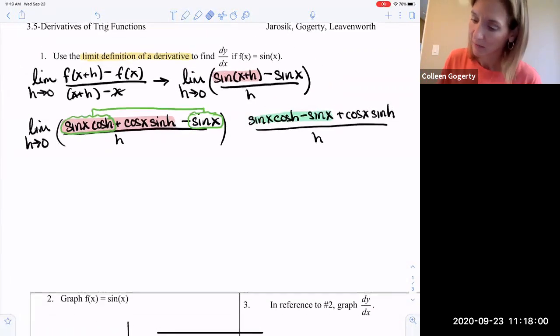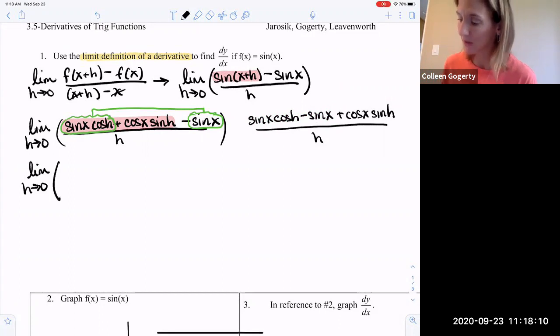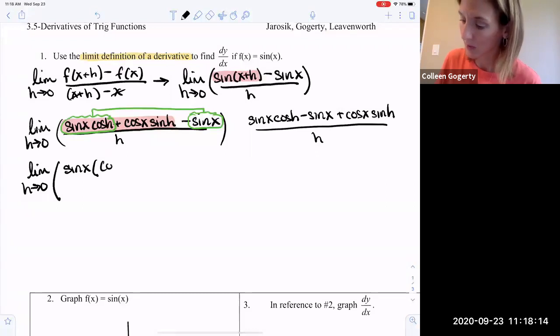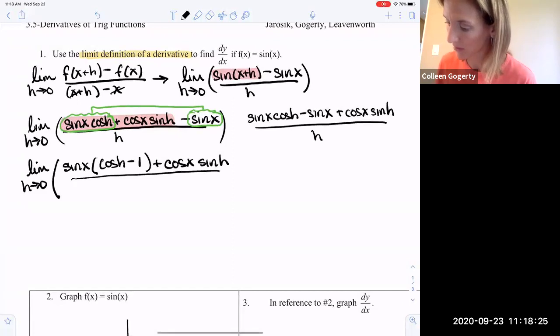But for some of us, oh, no, I just erased, hold on. For some of us, that might help a little bit to see that the next thing we have to do is factor out sine of x. And when we do that, we get sine x times cosine h minus 1, plus cosine x sine h, all over h.